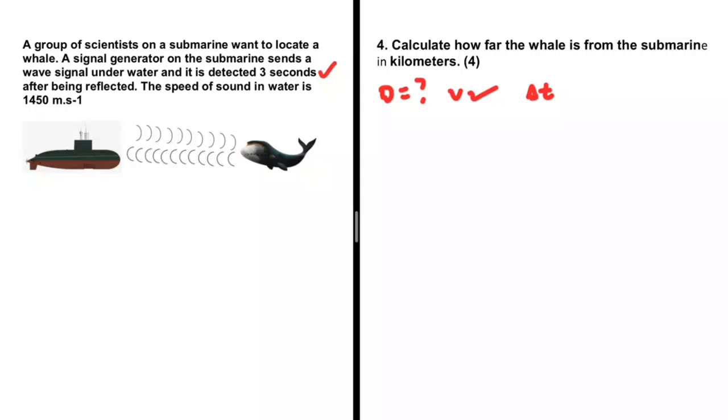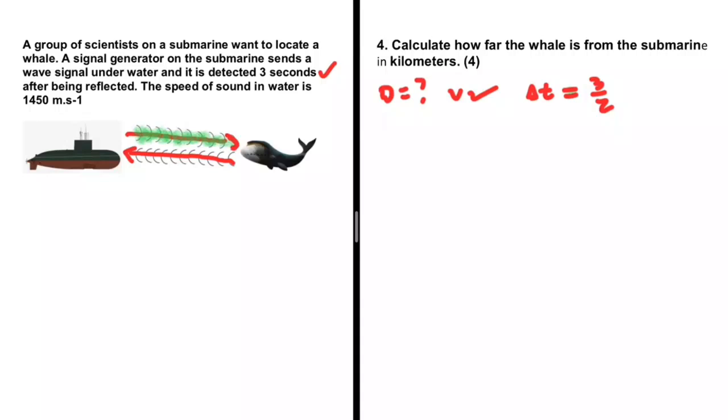It takes 3 seconds for the waves to move from the submarine, strike the whale, and get reflected back to the submarine. But we want the distance between the submarine and the whale, so we need to take half that time. So delta T will equal 3 divided by 2. This is a situation very close to echoes. If you still remember, we did a few examples on echoes where we have to divide the time by 2.